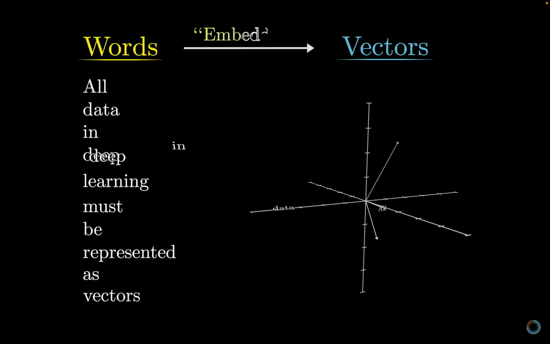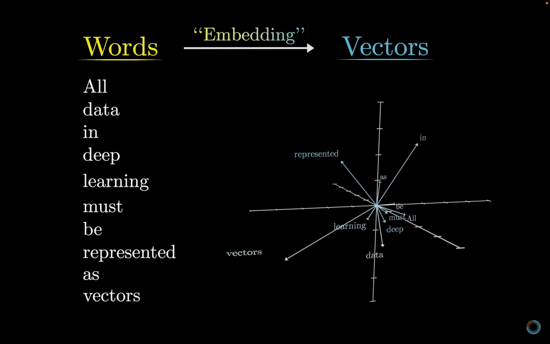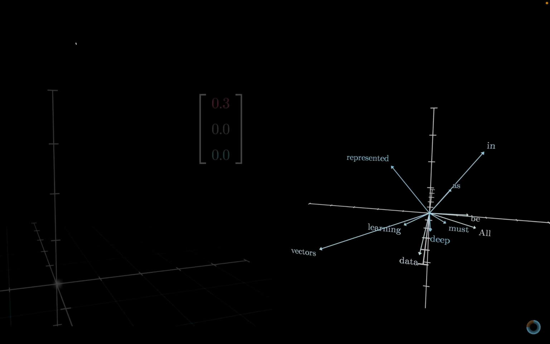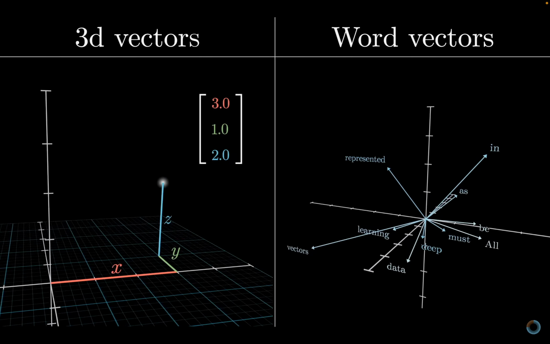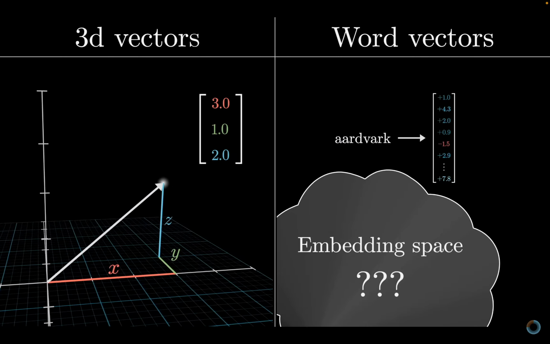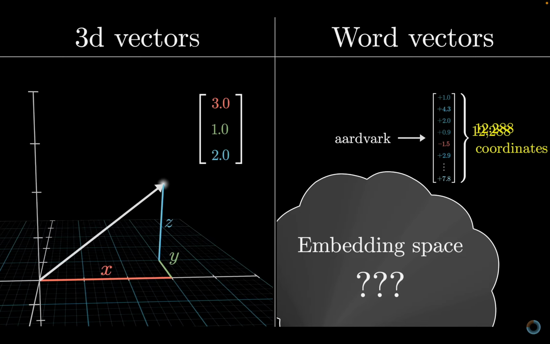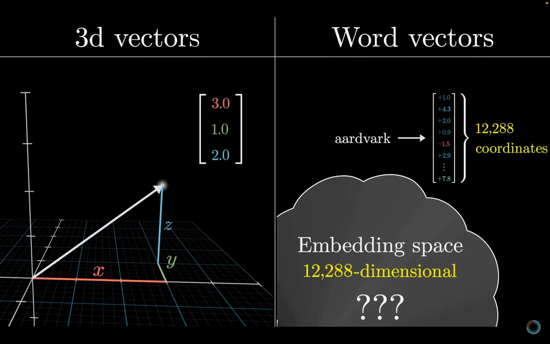We often call this embedding a word, which invites you to think of these vectors very geometrically, as points in some high-dimensional space. Visualizing a list of 3 numbers as coordinates for points in 3D space would be no problem, but word embeddings tend to be much higher dimensional. In GPT-3, they have 12,288 dimensions, and as you'll see, it matters to work in a space that has a lot of distinct directions.